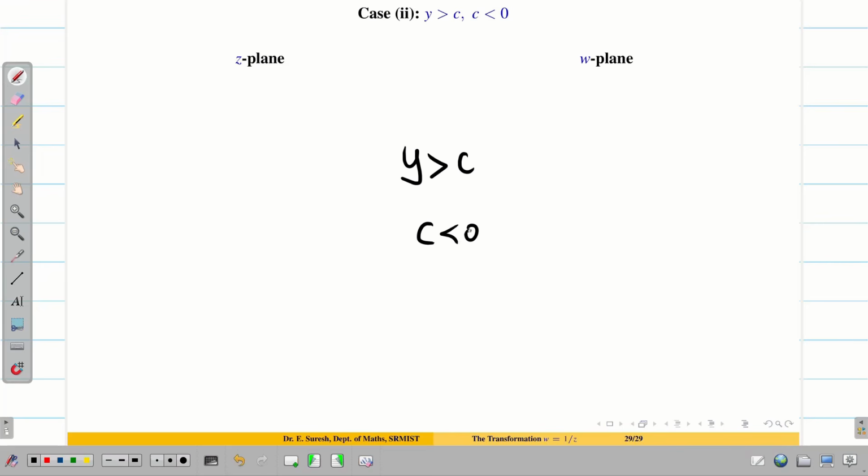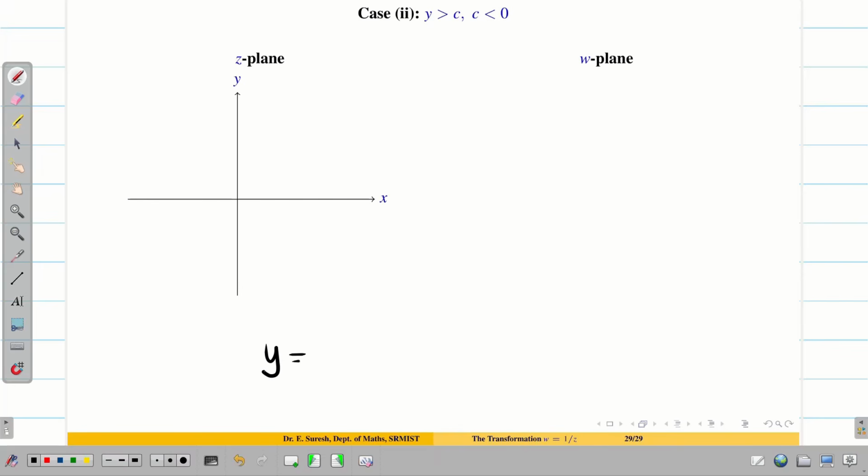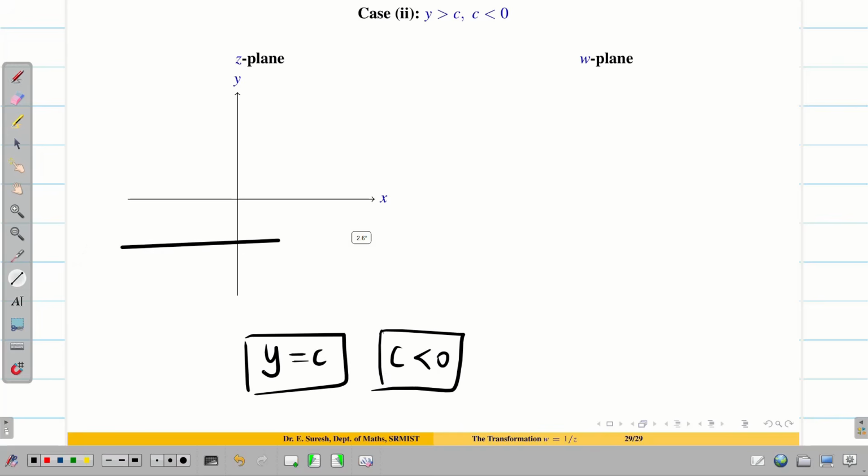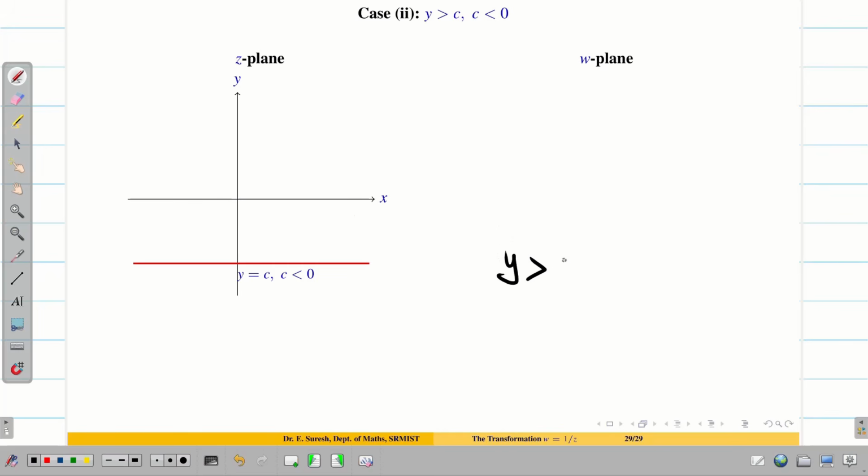Very important, c less than 0. First draw the axis. Y equal to c means a line parallel to the x-axis. But c is negative, so the line will be below the x-axis somewhere like this. This is y equal to c when c less than 0. Next, y greater than c: 4 is greater than 2, but minus 4 is less than minus 2.